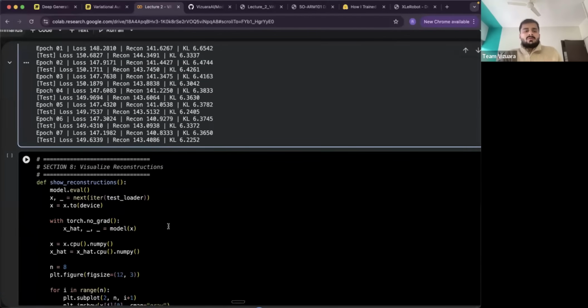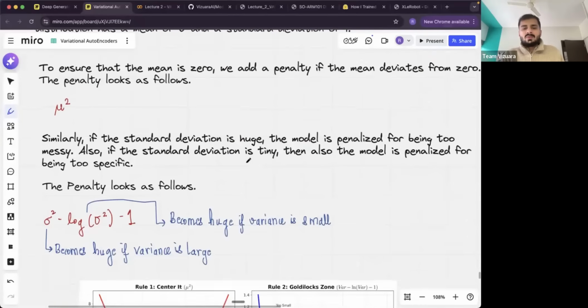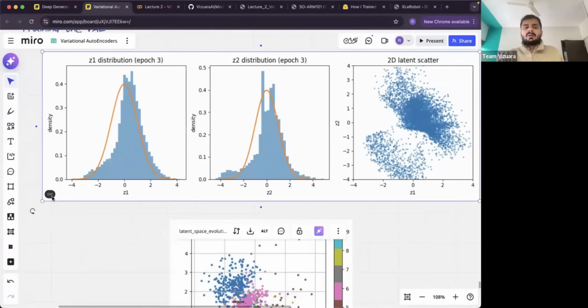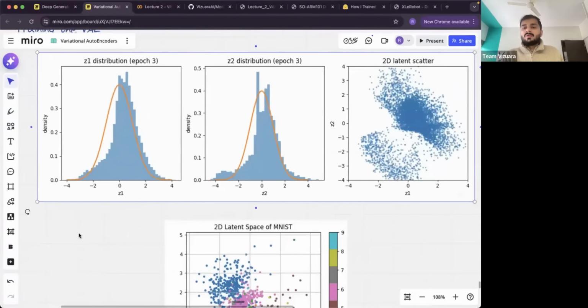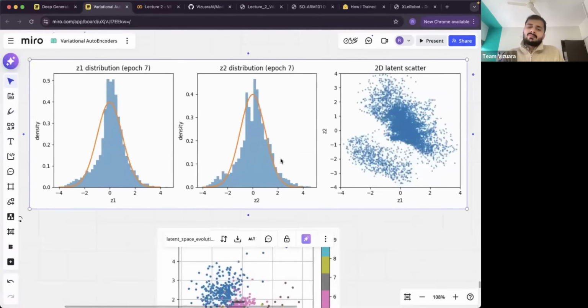Now, the first thing that we want to visualize is, remember we had said that we are forcing the latent space to become Gaussian. So let's look at if that is actually happening. So here is the GIF I created from this distribution from the training. So you can see the latent space slowly evolves with time.